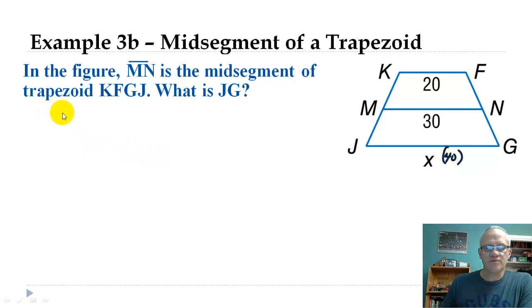Remember the formula would be, if you think of this as x, you're just going to say, well, x plus 20, so the outside ones, add them together, divide by 2 would have to equal the mid-segment, 30. And then if you solve that, you go times 2.